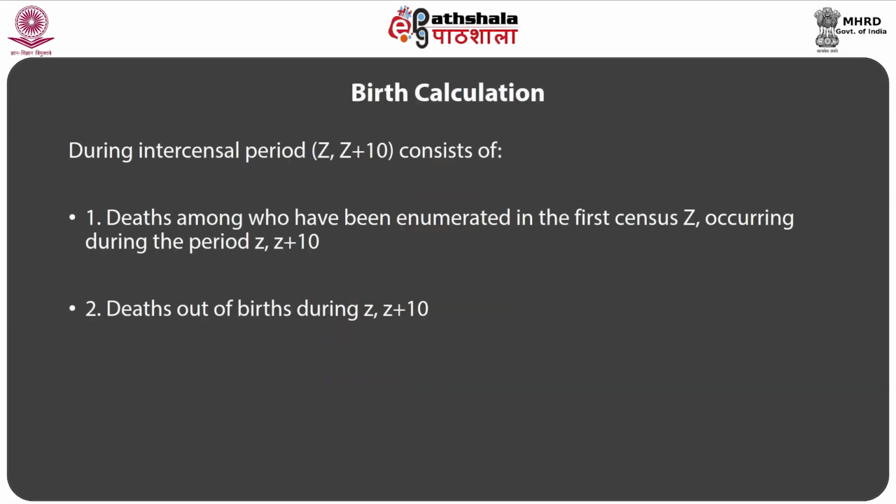Birth calculation. The intercensal period Z to Z+10 consists of: 1. Deaths among those who were enumerated in the first census Z, occurring during the period Z to Z+10. 2. Deaths out of births during Z to Z+10. Intercensal death calculation.